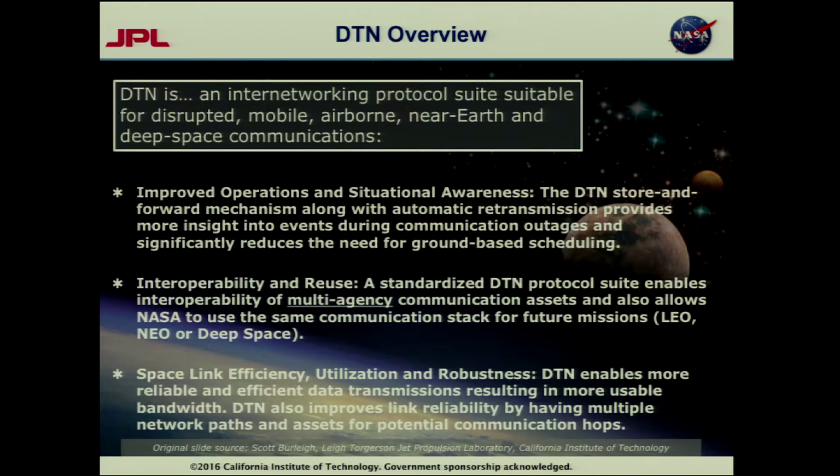So the one thing is when you have this store and forward capability automatically provided, you have less of the situation where you're manually going to command the spacecraft to retransmit your data back to you. This is handled by the protocol. Space link efficiency, I think Bill Van Biesen talked a little bit about his trade study, and that got a lot into this, basically using as much of the link as you can.